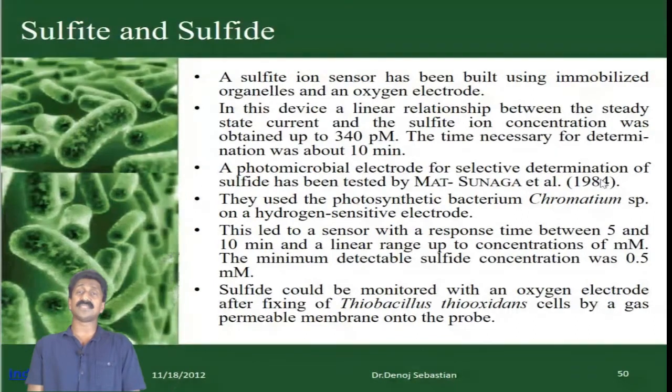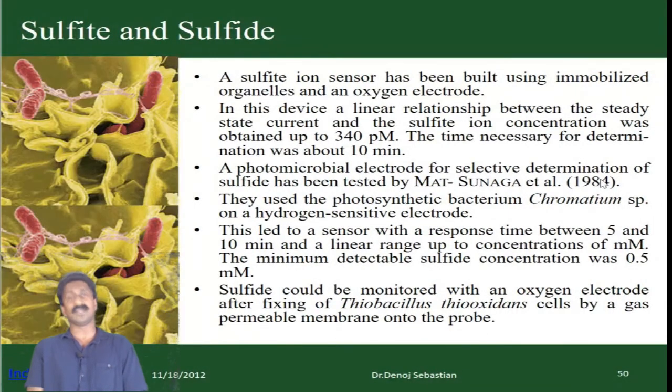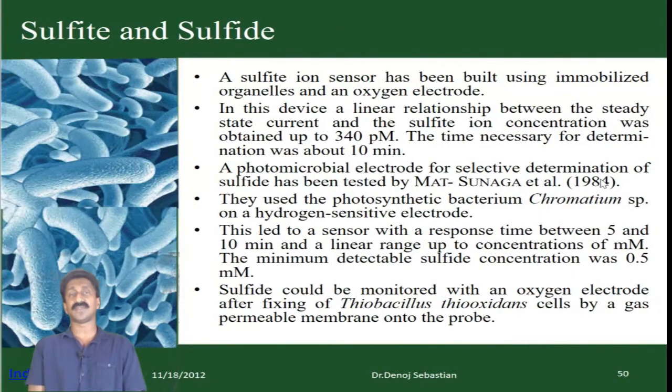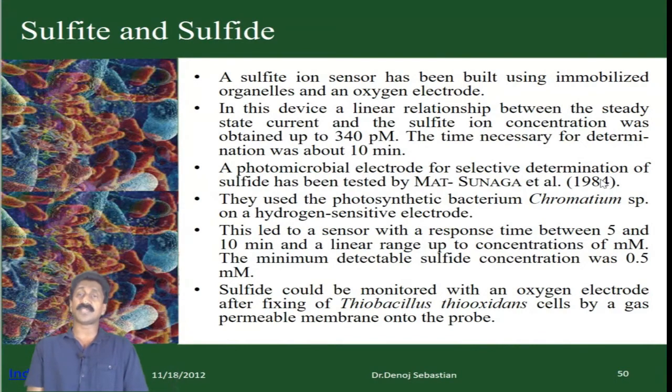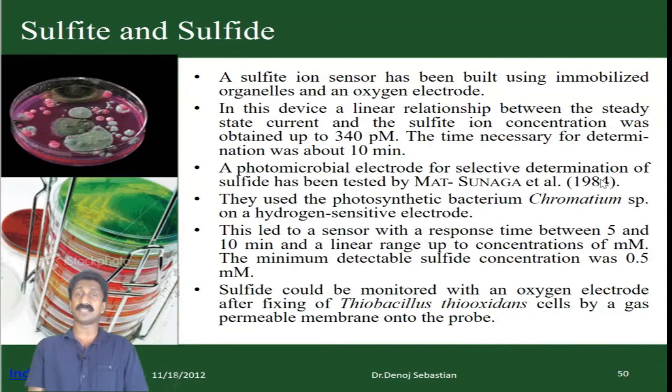They used the photosynthetic bacterium Chromatium species on a hydrogen sensitive electrode. So one of the examples of a photomicrobial electrode, which is used for sulfide, is the use of a Chromatium bacterium on a hydrogen sensitive electrode. And this leads to a sensor with a response time between 5 and 10 minutes. So even in the previous case, the response time is about 10 minutes.